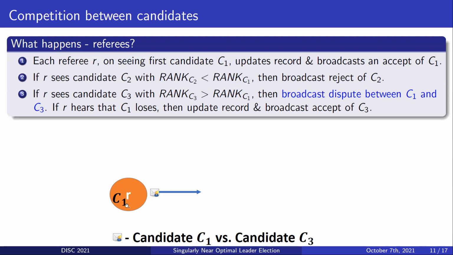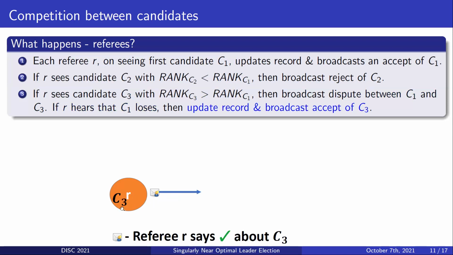It's just asking, all right, candidate C1, have you already become a leader, or are you still in contention? Because if you're still in contention, then eventually when that dispute message reaches C1, C1 will lose its candidacy, and it'll generate a C1 loses message. That message will eventually make its way back to the referee, and the referee will say, oh, you know what?